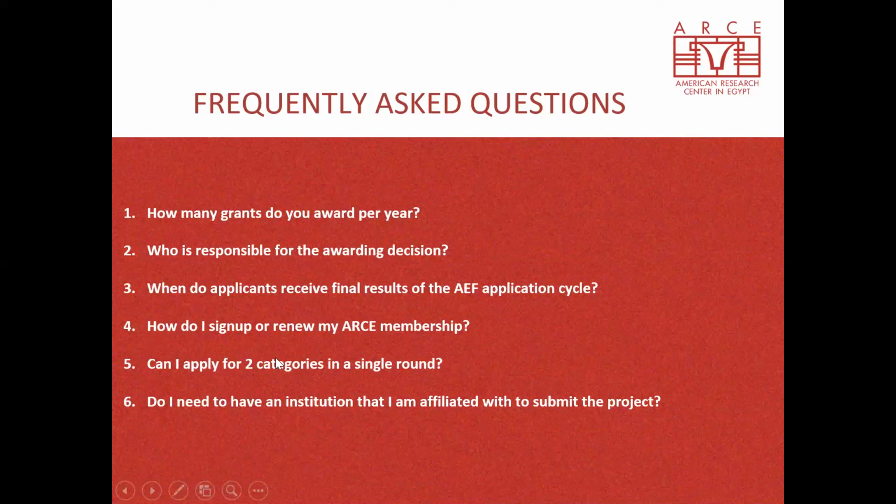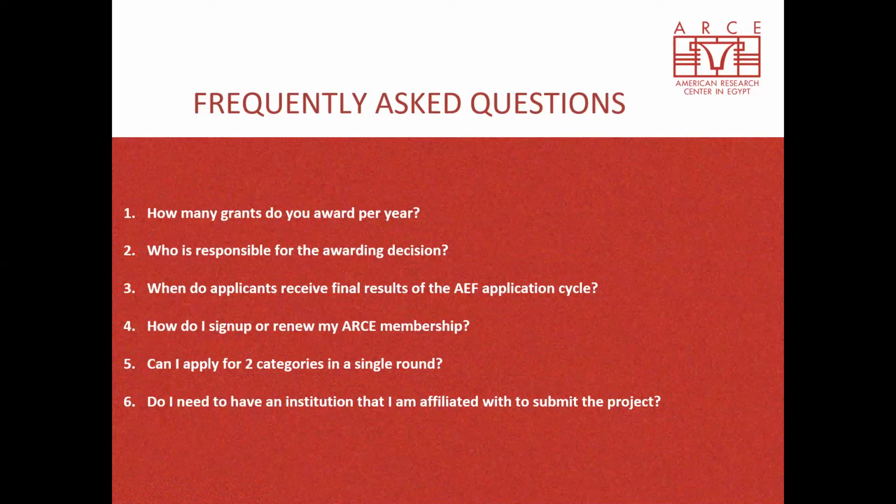Can you apply for 2 categories in a single round? Unfortunately, you cannot. You can only apply as a project director for one project, because it doesn't make sense if you apply as a project director for more than one project, and for some reason the AEF committee decides to award the project, they can't award it to the same person to work at the same time in 1 year.